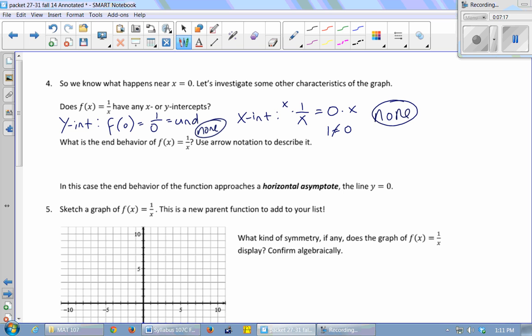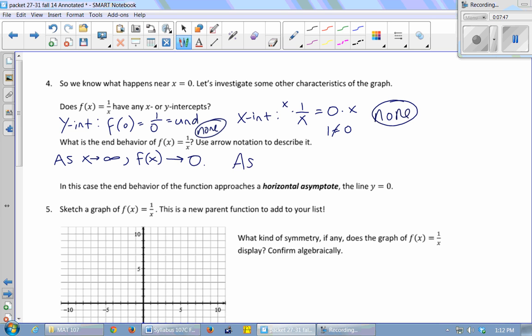Okay, what's the end behavior of 1 over x? What happens as x gets really big? As x approaches infinity, the y values approach what? 0, yeah. If you put bigger and bigger numbers into the denominator, like 1 over 10, 1 over 100, 1 over 1,000, those values are getting really, really tiny. So they're approaching 0.